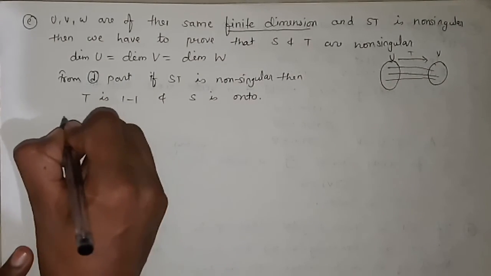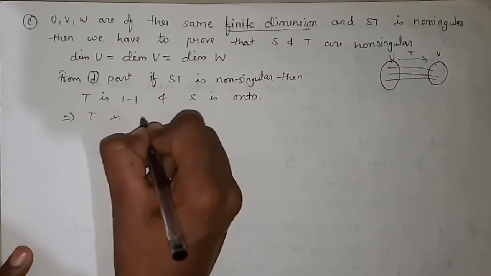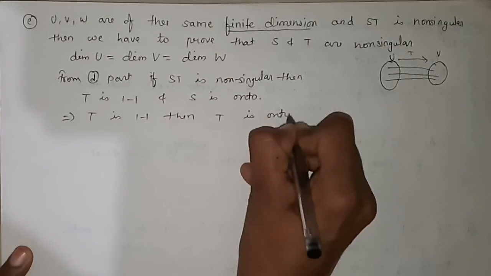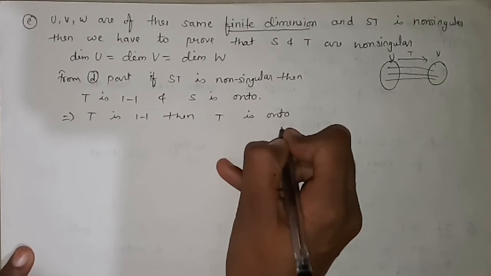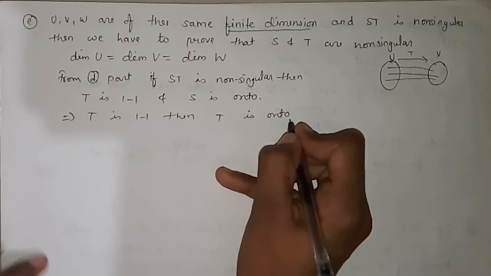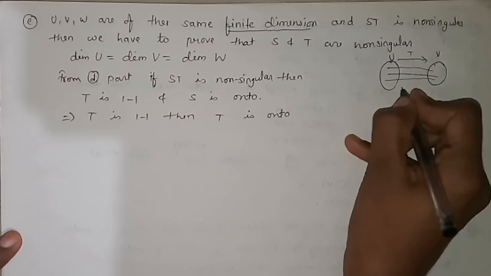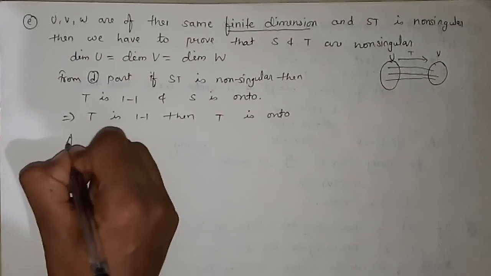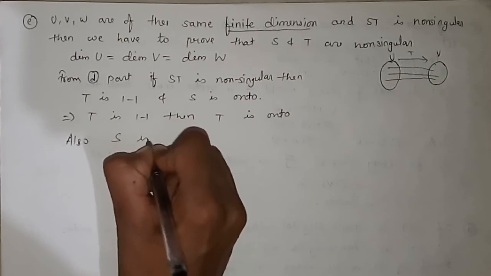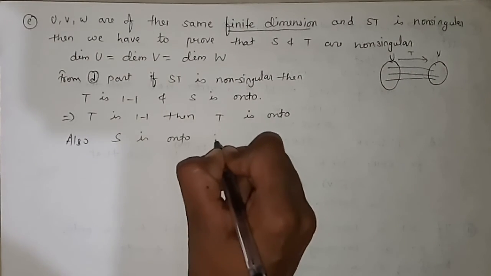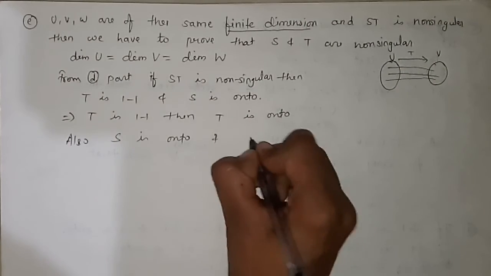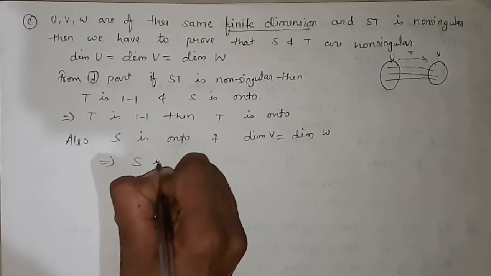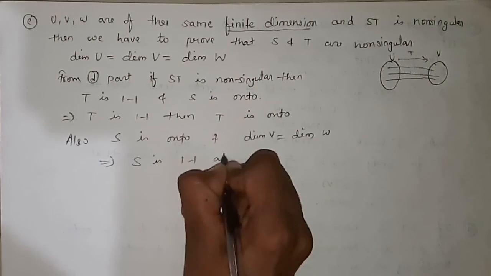Then if T is 1-1, then T is onto. Also S is onto, and since dimension of V is equal to dimension of W, this implies that S is 1-1 also.